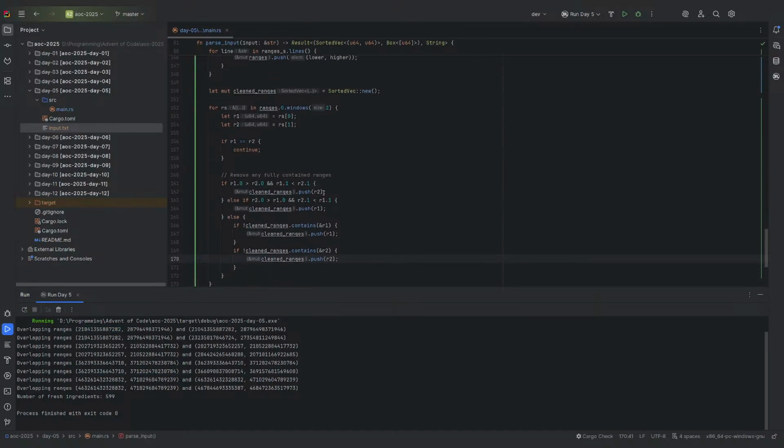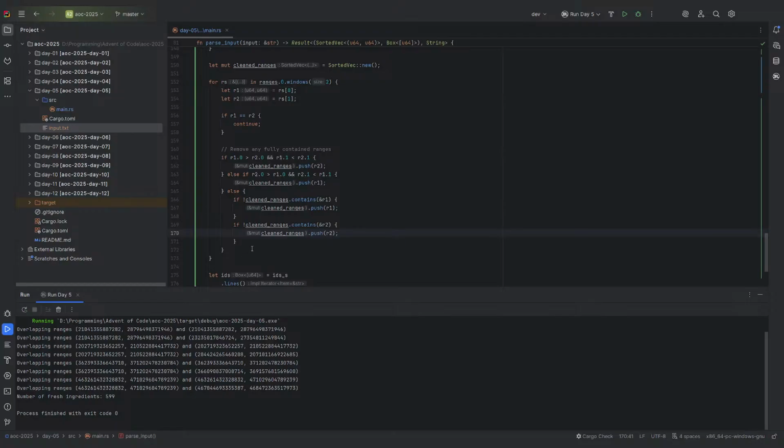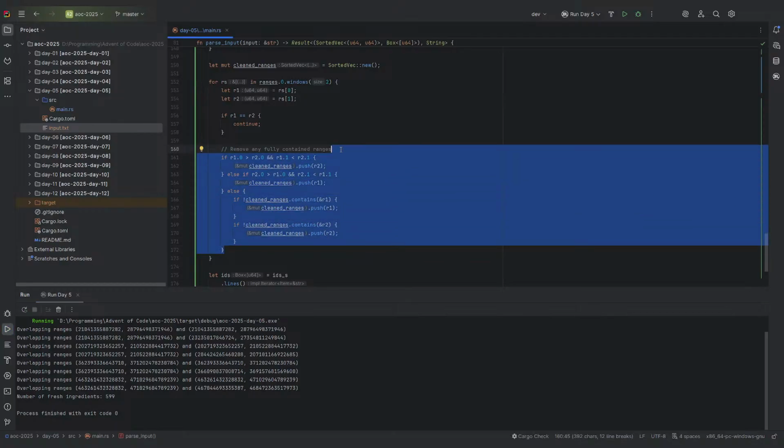Great, now I have duplicates and fully contained ranges. How does it keep happening? Wait a second, why am I doing it this difficult way?